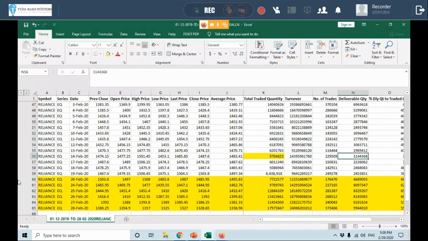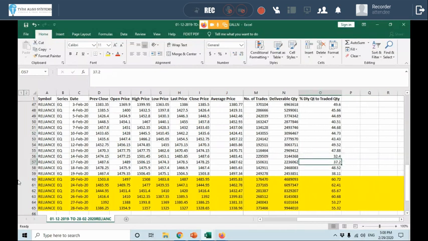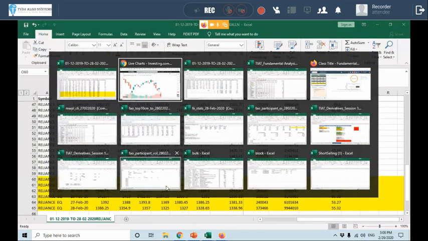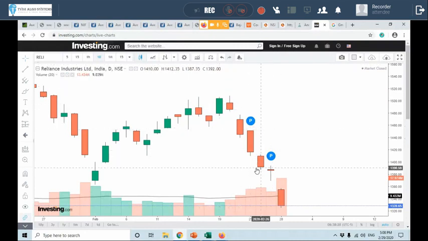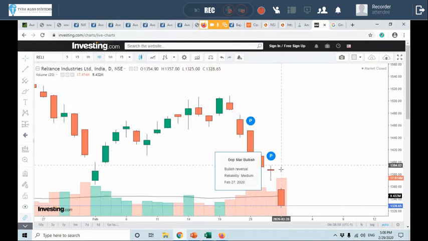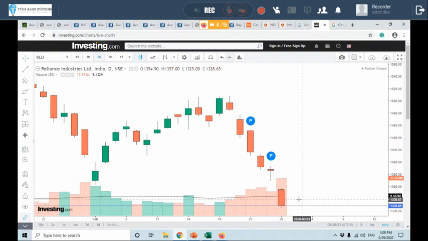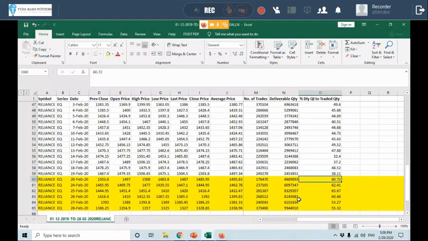So if someone shorts here at this level, imagine if you are right, what kind of move you can capture from 1487 to whatever level. This is why this information is very, very important. You are getting why I'm telling you? This is the second level analysis that I do.